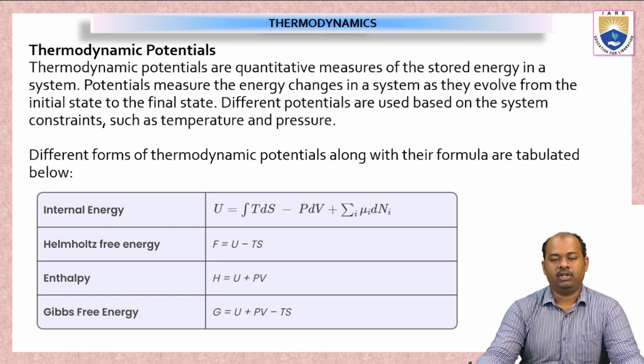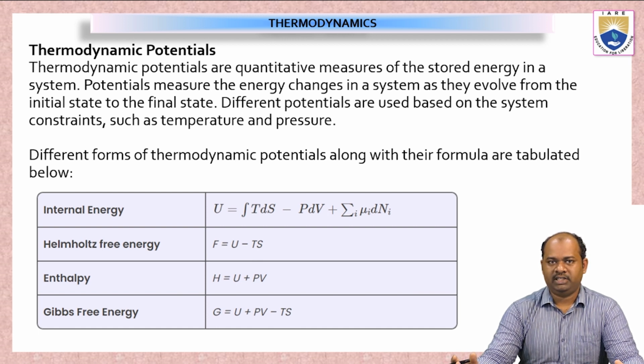So, thermodynamic potentials. If we take any system while studying thermodynamically, the system will have some potential energies or some potentials. The thermodynamic potentials are nothing but the quantitative measures of the stored energy in a system. The system will have many kinds of energy inside it. There will be internal energy, enthalpy, entropy, temperature, heat.